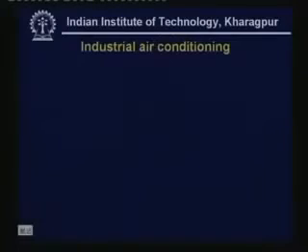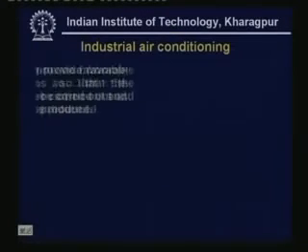This ton is a classical unit of refrigeration capacity, and 1 ton of refrigeration is equivalent to about 3.51 kilowatt of heat. That means an air conditioning system having a capacity of 1 ton will be able to extract 3.51 kilowatts of heat from the occupied space. This is the meaning of tons.